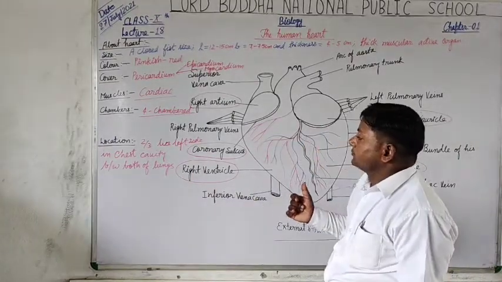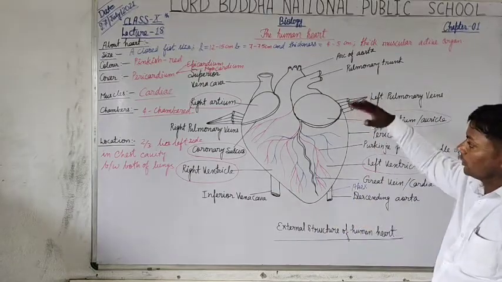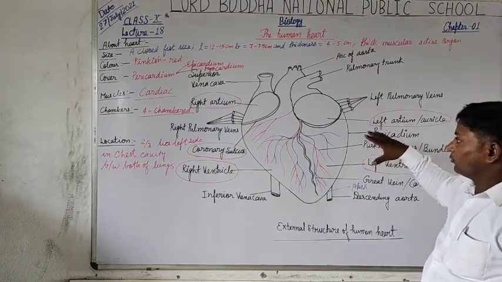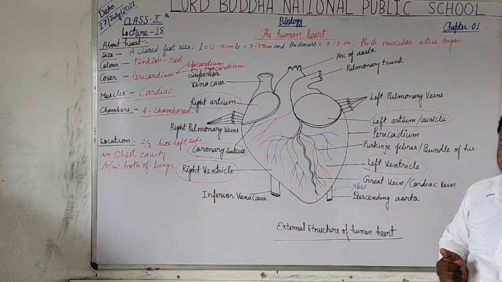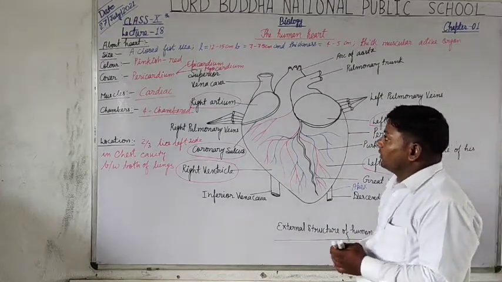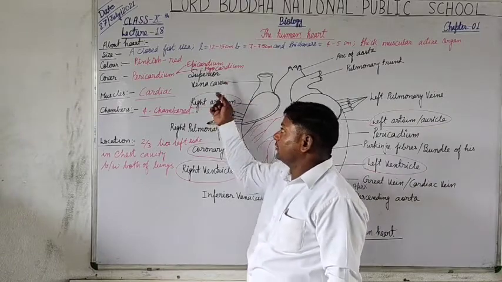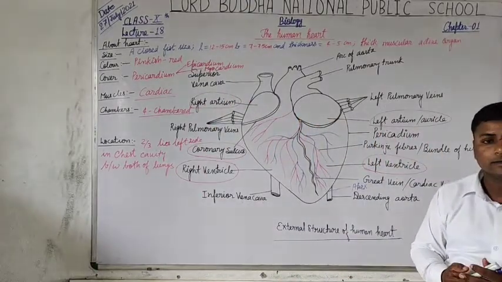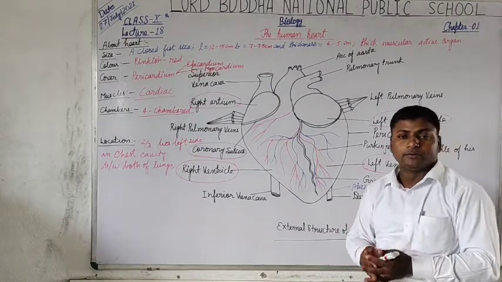Now students, we are also going to discuss the parts and what functions they perform. This is the superior vena cava, which receives the venous blood from almost the whole body.